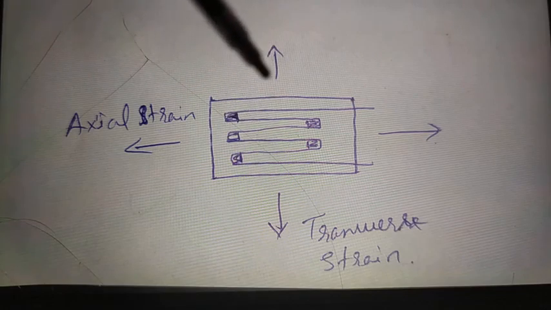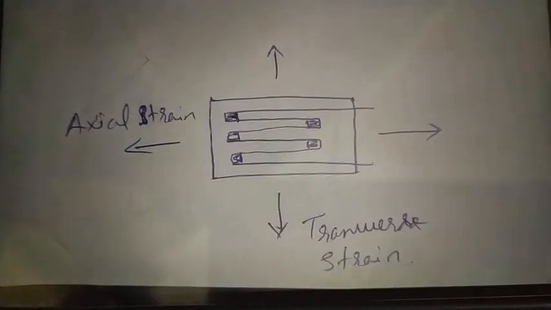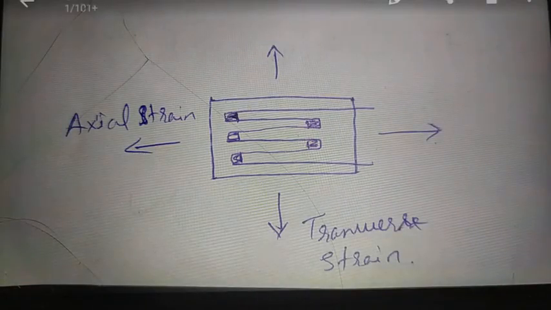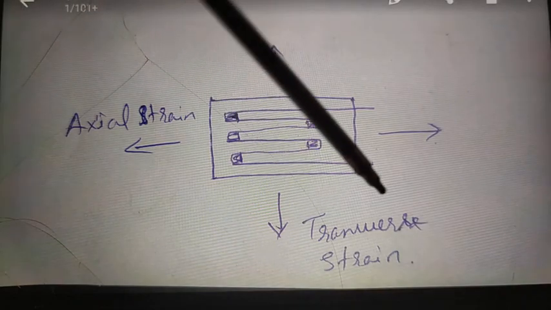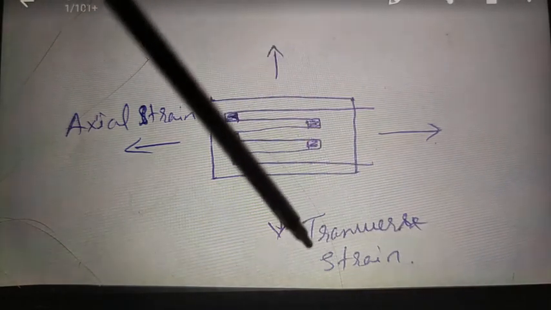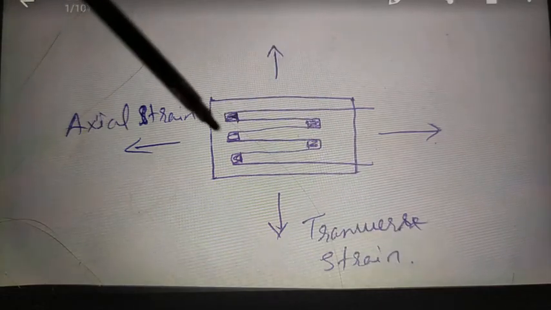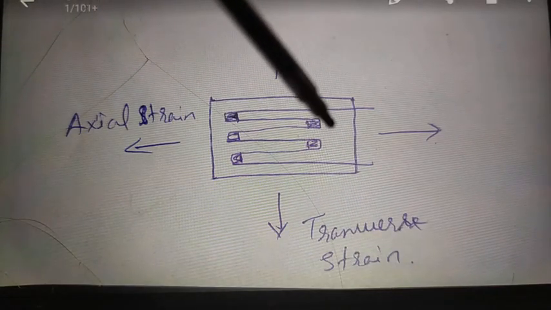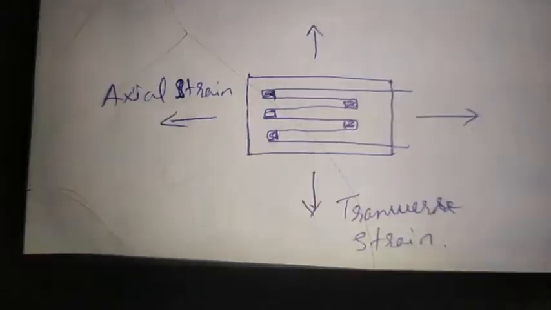That correction factor is required to get the proper result of transverse strains. The strain which develops in this direction is called the transverse strain. So you have to correct these transverse strains to properly get the axial strain. For that we have some equations.